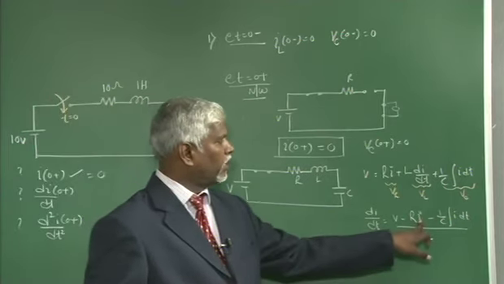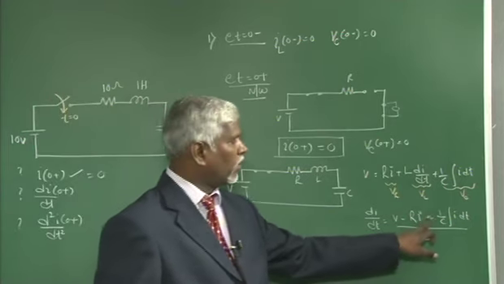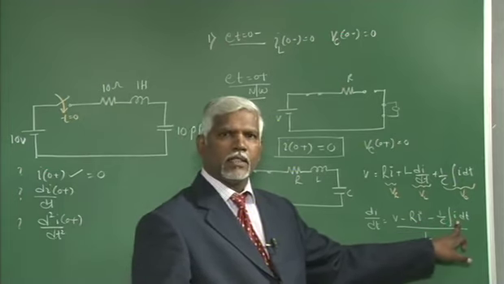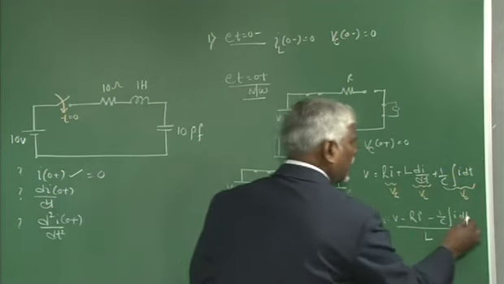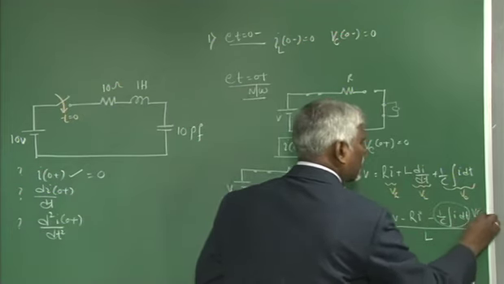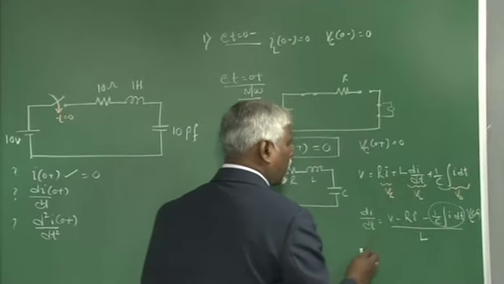Substitute the known values of I at 0 plus. When it comes to 1 by C integral I dt, it is nothing but the voltage across the capacitor. So, this is the voltage across the capacitor at 0 plus, and this is I at 0 plus.